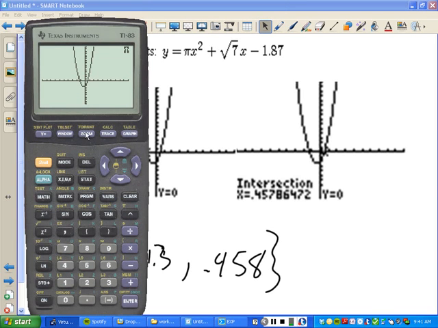Now, you don't see that, but if I were to turn the axis off and then graph it, watch what you see.